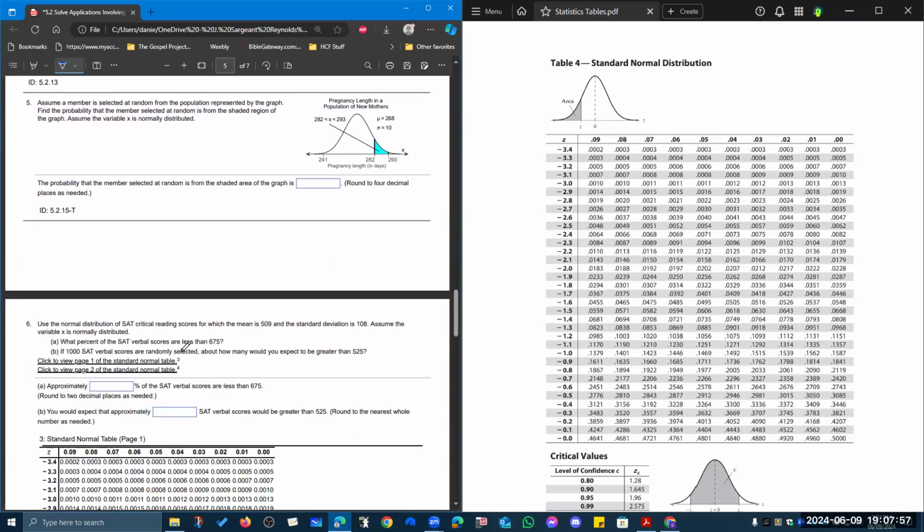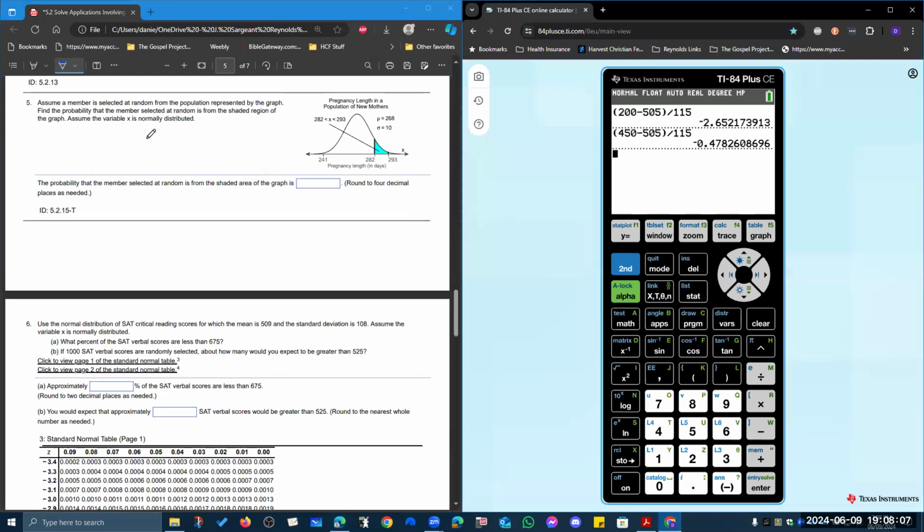So assume a member is selected at random from the population represented by the graph. Find the probability that the member is selected at random from the shaded region of the graph. Okay, so we're going to the right of 282 and to the left of 293.